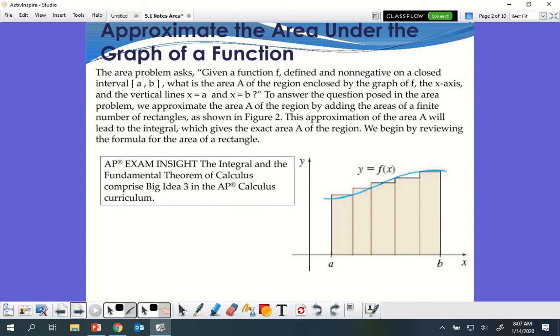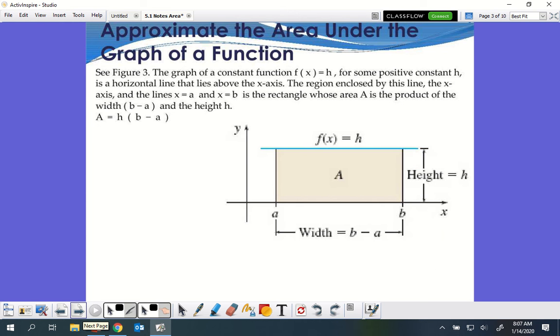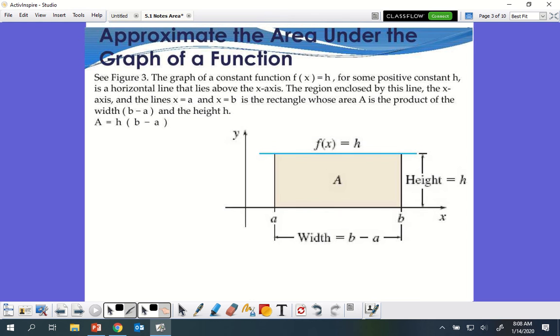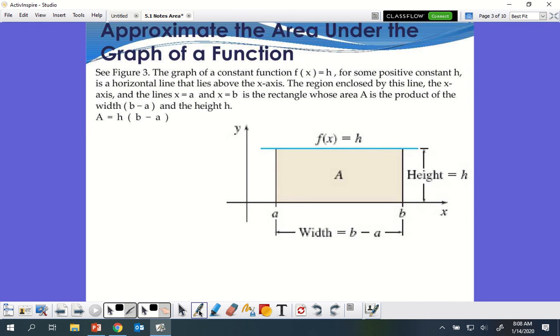Okay, if I were to graph this, let's say for instance, I don't like the fact that they put h in here, so I'm going to put a number. Let's say f of x is 4.